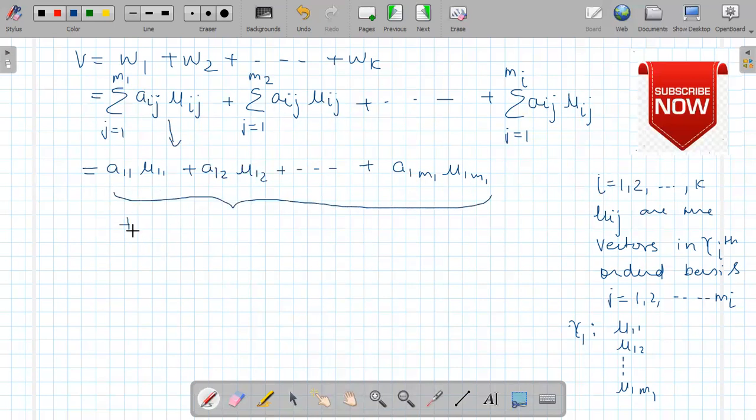Similarly, for this you can write A21 mu21, A22 mu22, A2M2 mu2M2.